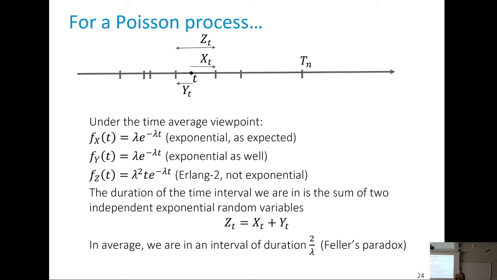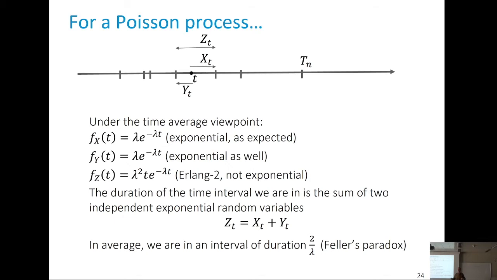But now, if I ask somebody specifically, what is the average duration of the interval in which you are now, then the answer will be 2 over lambda. It will not be 1 over lambda, even for Poisson. Again, because now I'm doing a different sampling. I'm asking people, tell me what is your interval.